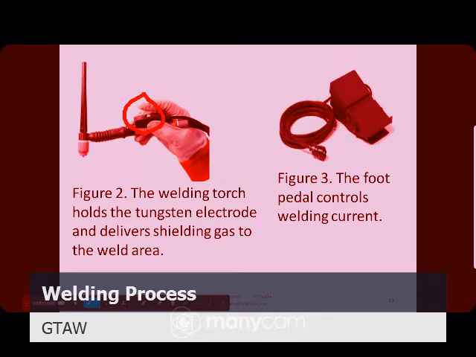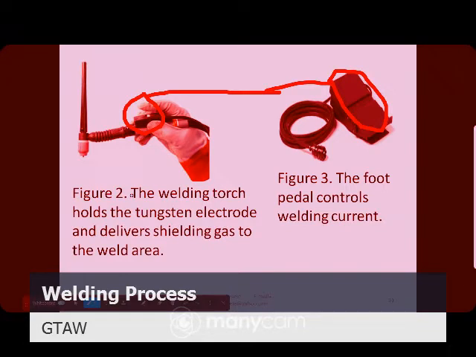And also we can use here this one, the foot pedal. Its function is almost the same as this. This is a manual control and this is a foot pedal control. This means to control what? To control the amount of current.